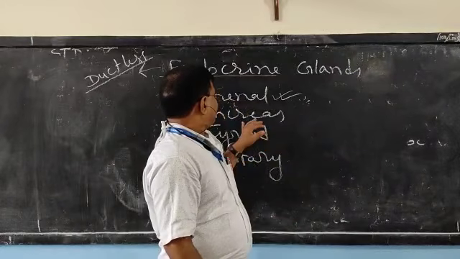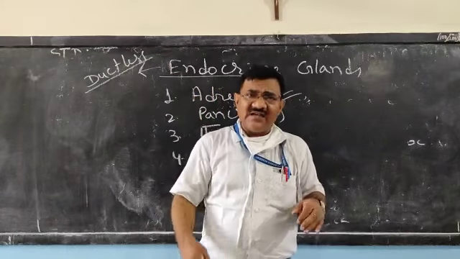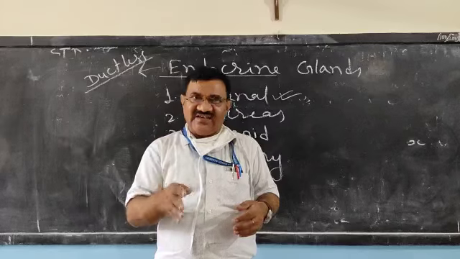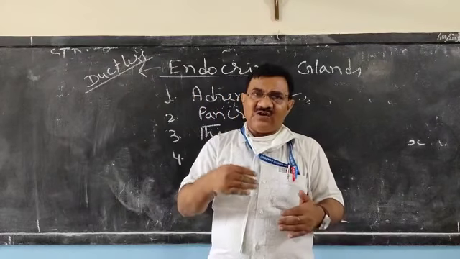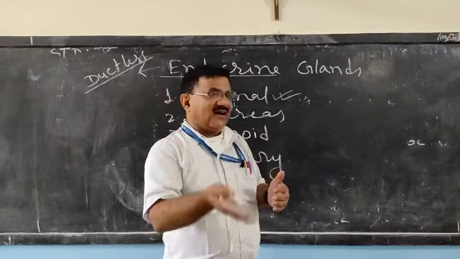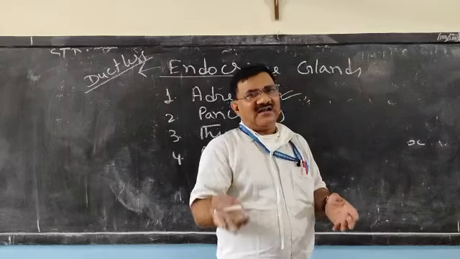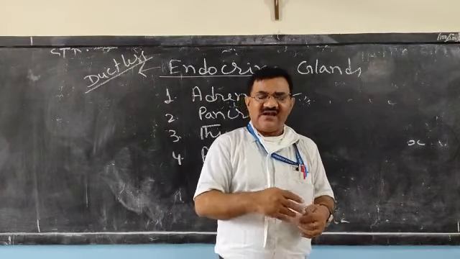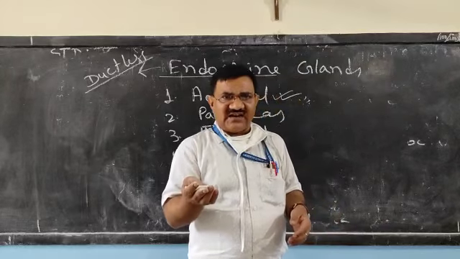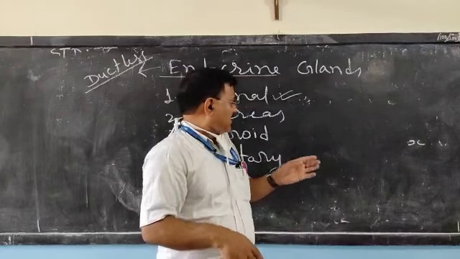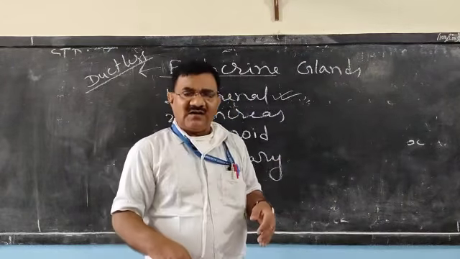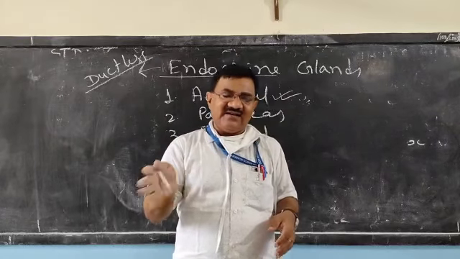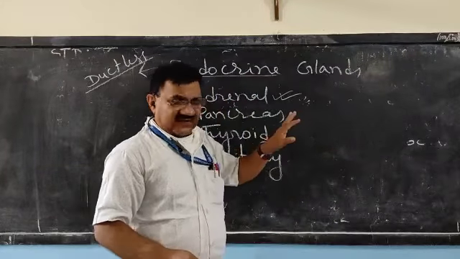Beta cells secrete insulin. Under secretion causes diabetes mellitus, and over secretion causes insulin shock. Delta cell somatostatin is not included in the syllabus.